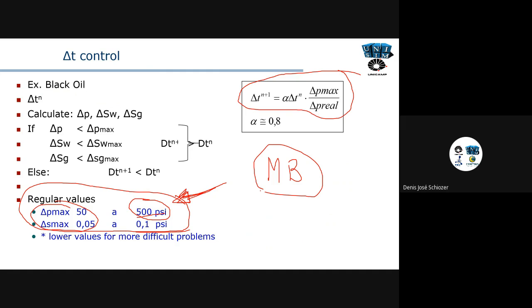Do you know what this is? Did anybody talk about this for you in the last classes? No answer. Daniel, do you know if anyone talked about the material balance for them? I think João, maybe João.